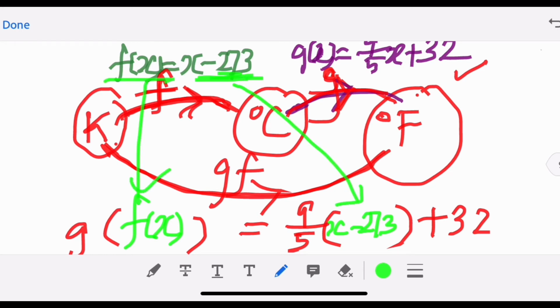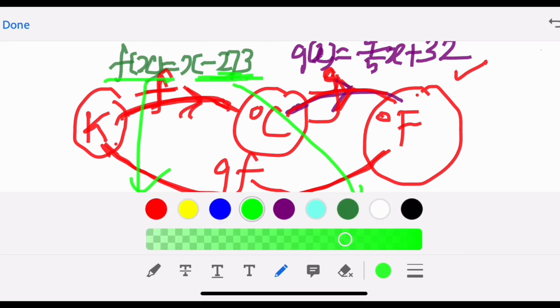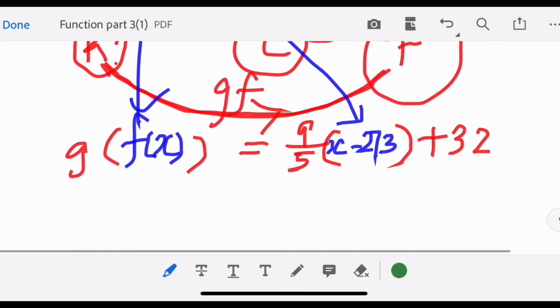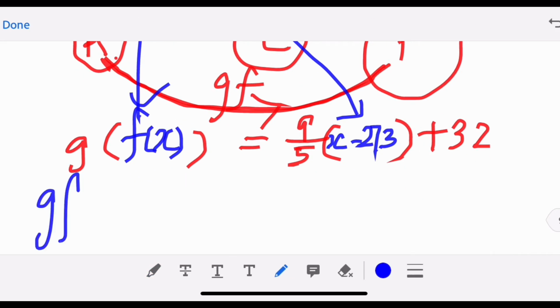As I mentioned earlier, many of you give your answer without simplifying. So in the SPM exam, how do they give marks for your answer?